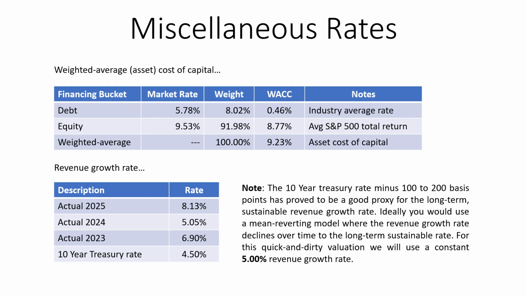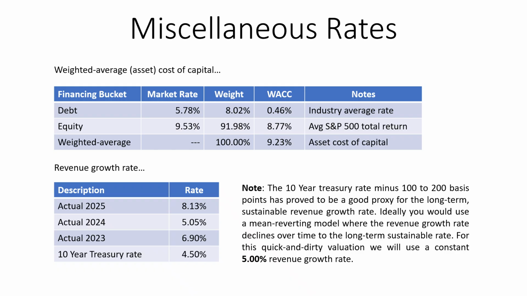So now we want to get a cost. To get a weighted average, we take the debt rate of 5.78% times the weight, which is 8.02%, and we get 0.46%. Then we do the same thing for equity. We take the 9.53% cost of equity and multiply it by the 91.98% weight, and we get a weighted average cost of 8.77%.